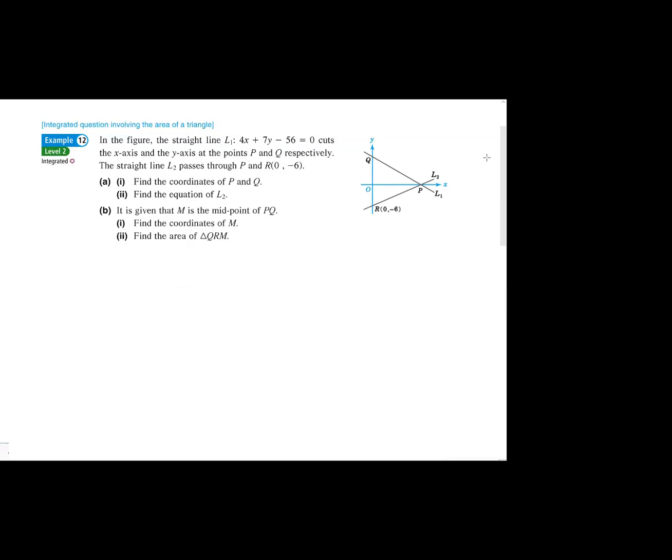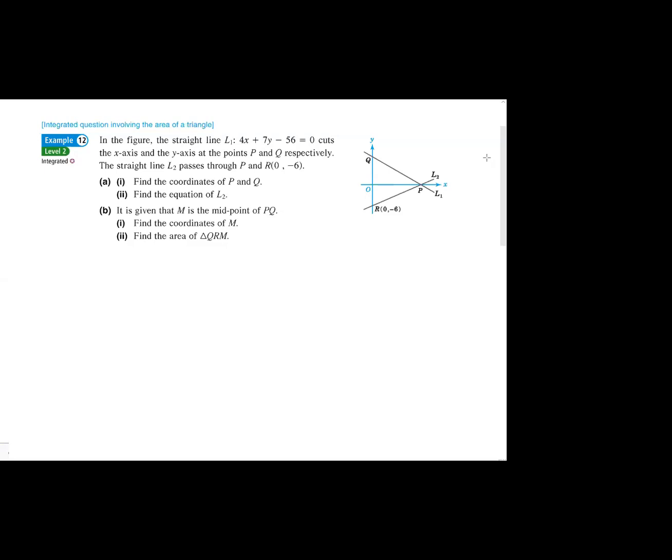Okay, so point P is the x-intercept of L1. And then point Q is the y-intercept of L1. And the straight line L2 passes through point P and point R. Okay, so part A, find the coordinates of point P and point Q. So that is the x-intercept and y-intercept of L1 respectively.